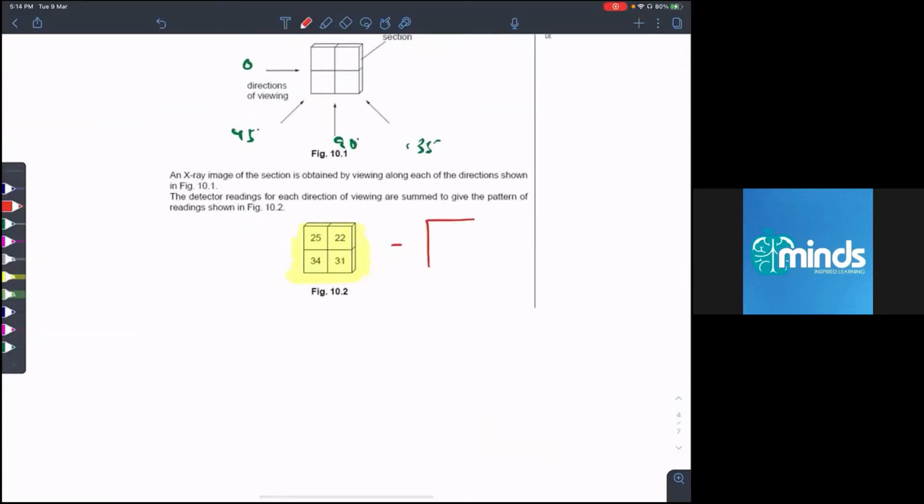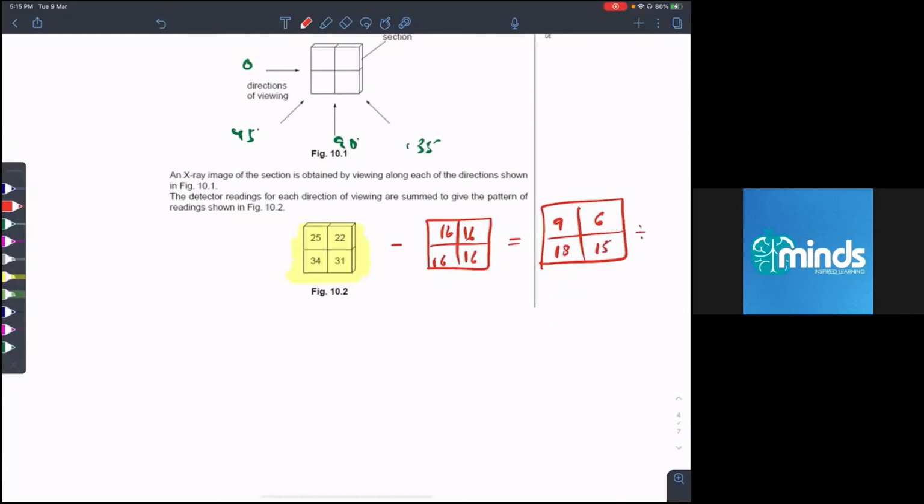You need to subtract 16, 16, 16, and 16, because this is background. What we will end up with, 25 minus 16 is 9. It will be 6, it will be 18, and it will be 15.